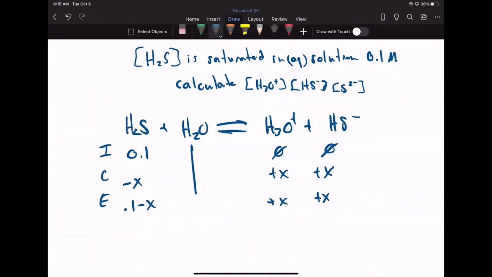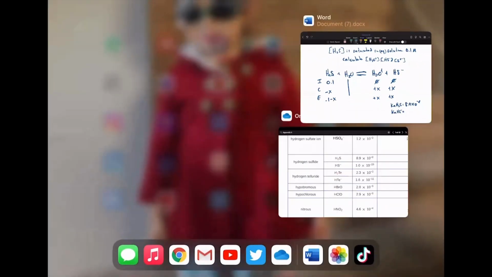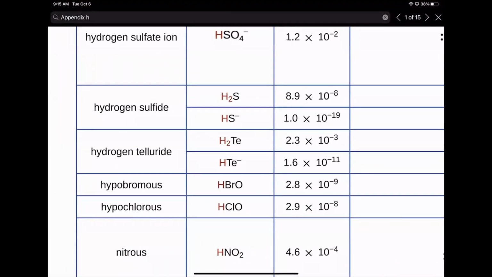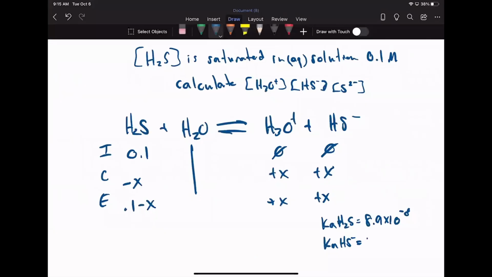Ka of H2S equals 8.9 times 10 to the minus 8. And the Ka of HS minus equals 1.0 times 10 to the minus 19.